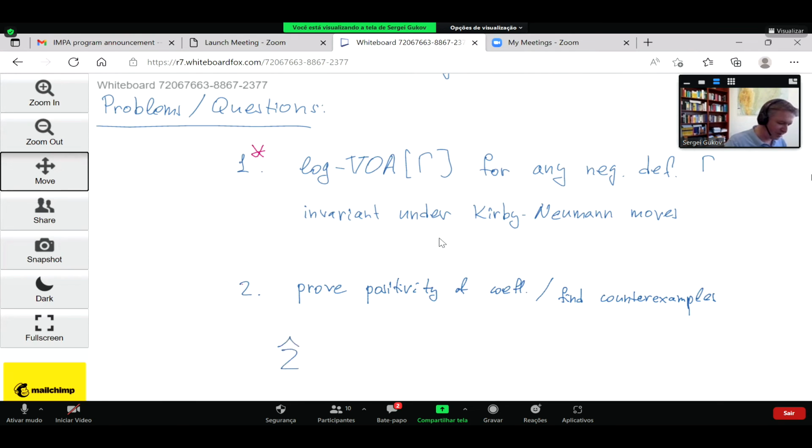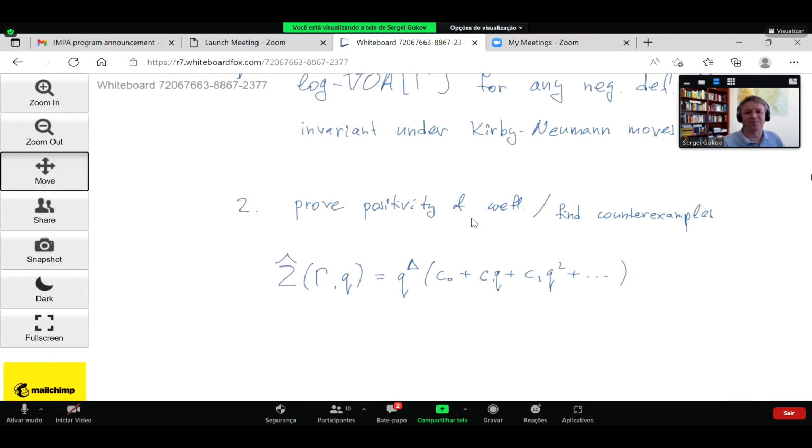If we compute this Q-series for a generic graph, or a collection of such, we know that they have the form Q to the delta, times C0 plus C1 times Q plus C2 Q squared, and so on. So the question is, if we include the eta function, are all these coefficients positive? I don't know a single counterexample, so actually I'm completely agnostic. This is an honest question.